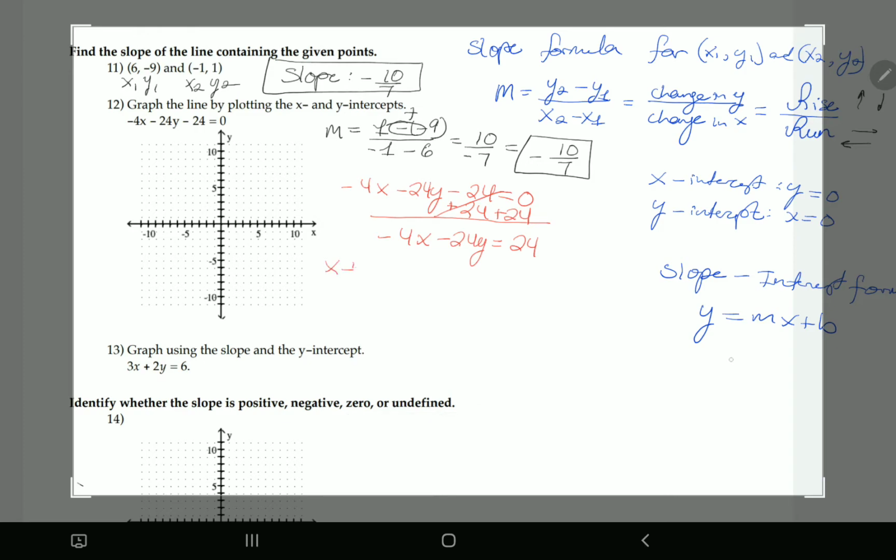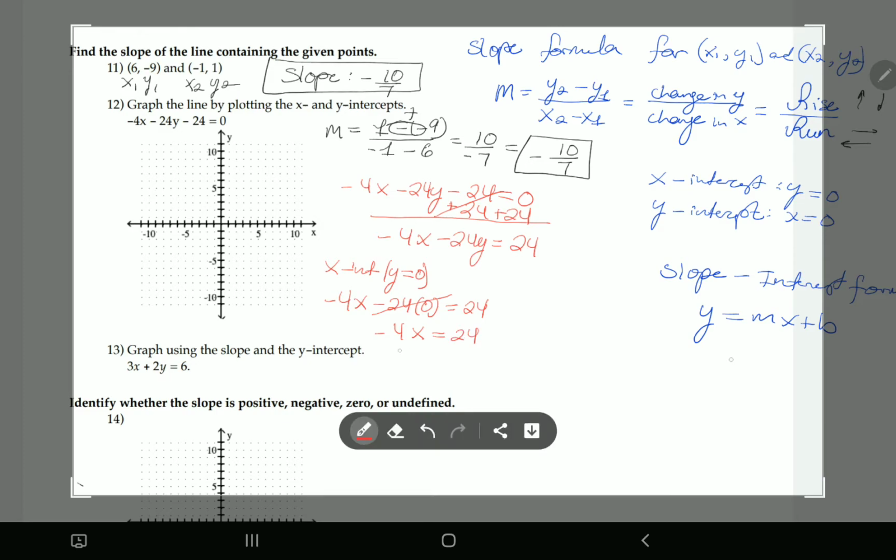The x-intercept: set y equal to 0. So that's -4x minus 24 times 0 equals 24. -24 times 0 is 0, so that's canceled. -4x equals 24.